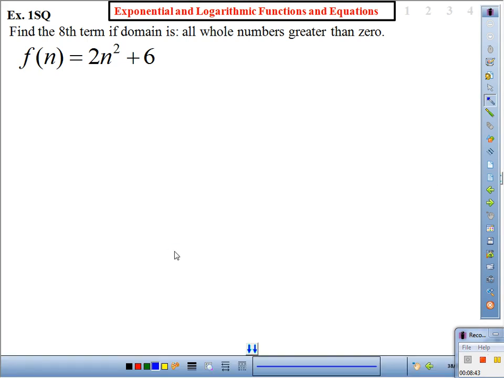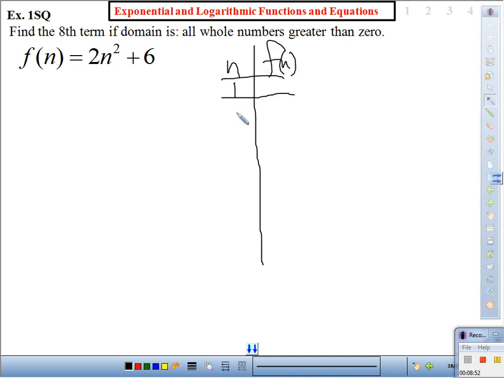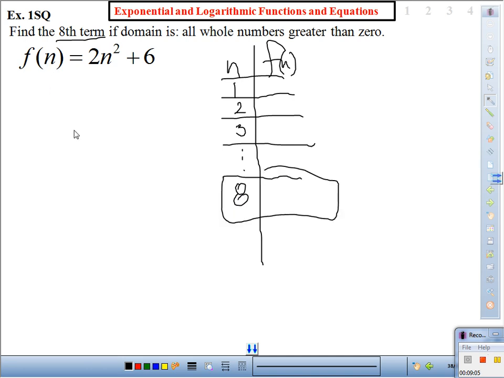So, for this one, some of you started doing a table, n, f of n, and you got 1, 2, 3. No, that's crazy to do all that work all the way to number 8. Which one are they asking us to use only? 8. So you just do dot, dot, dot, 8. And you just go straight to this one and substitute that value to get your output.